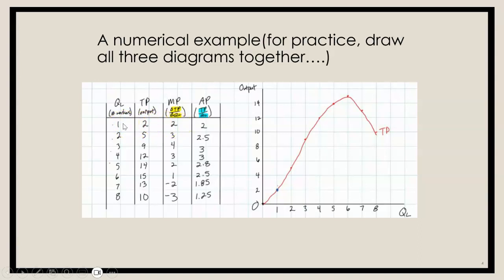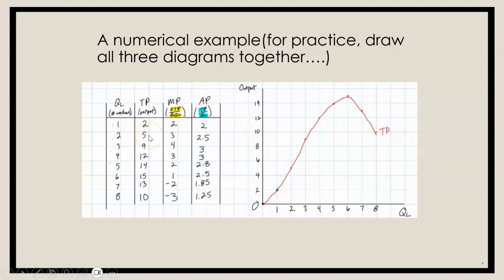If I'm using 1 unit of labor, that unit of labor produces a marginal product of 2. The first worker produced 2. So the total product at that point is only 2 as well. If I add a second worker, the marginal product of the second worker is 3.